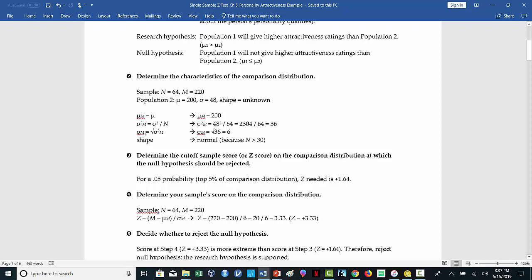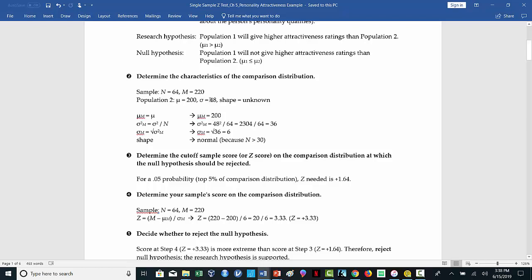In terms of the standard deviation for the distribution of means, it's going to be calculated by the square root. Just like any other standard deviation, the standard deviation is the square root of the variance. So it's going to be the square root of the variance for the distribution of means. So we can calculate this out, and ultimately what we want to know here is the standard deviation for the distribution of means.